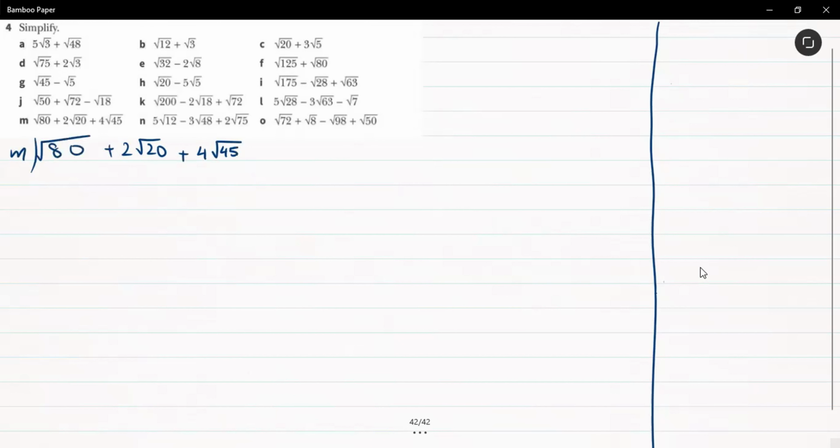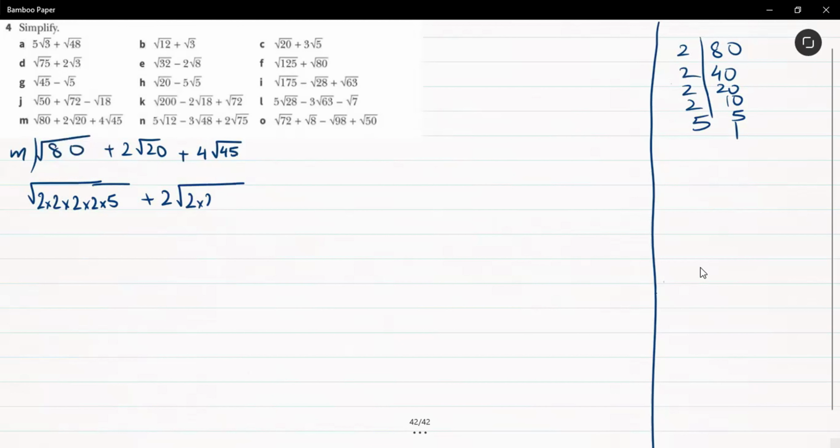Now again, simplify this up. What is under root 80 equal to? 2 1s are 2, 2 2s are 4, 2 20s are 40, 2 40s are 80. Now simplify this. Under root 80 is also equal to 2 multiplied by 2 multiplied by 2 multiplied by 2 multiplied by 5. Plus, what is 2 under root 20?